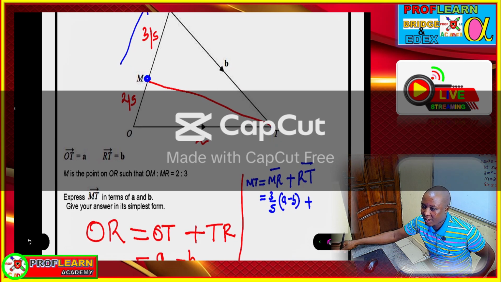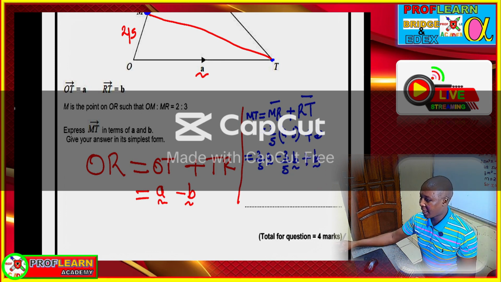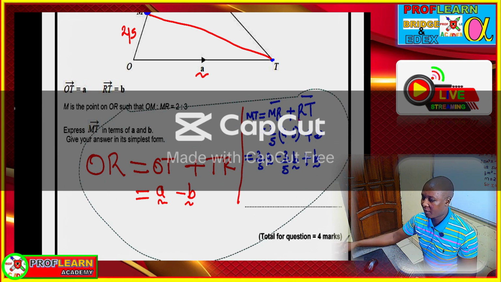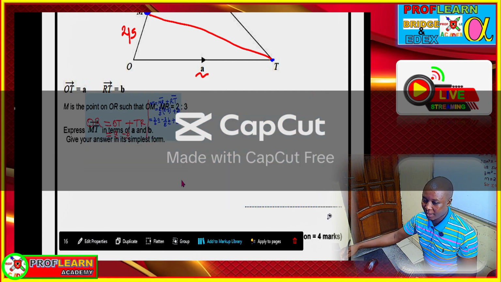Our RT is B. So if we open the brackets, we're going to have our answer as 3/5 vector A minus 3/5 vector B plus vector B. So we are going to put the like terms together here so that we can simplify our vectors, so that we can make the examiner happy in that case.